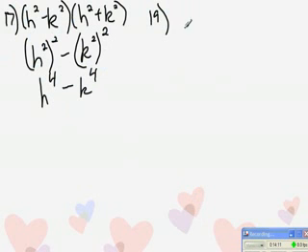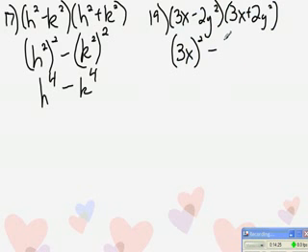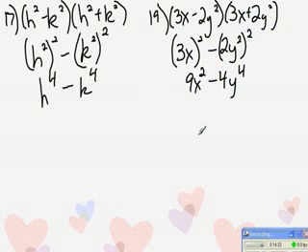Number 19, we have 3x minus 2y squared times 3x plus 2y squared. Alright, so the first one squared minus the second one squared. That becomes 9x squared, 4y to the 4th.